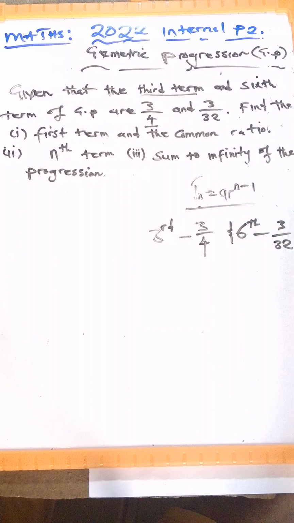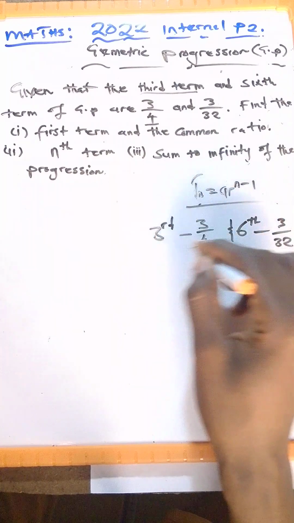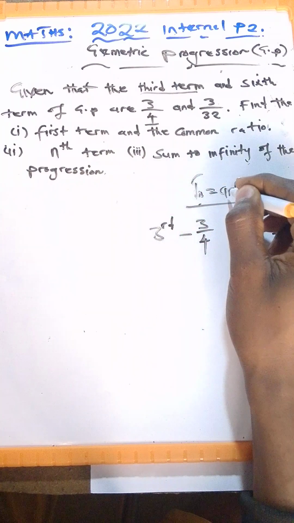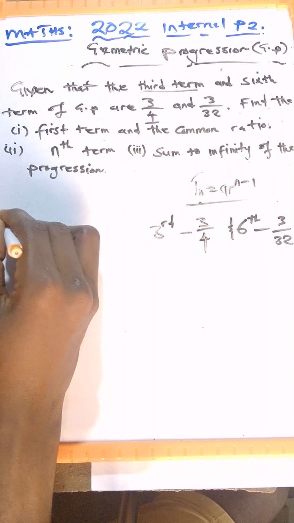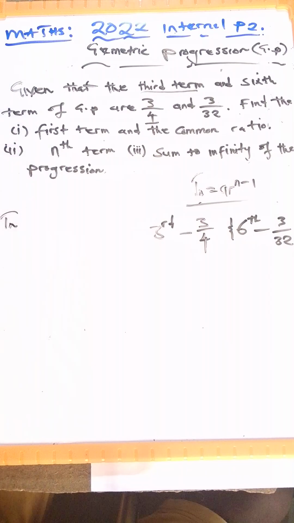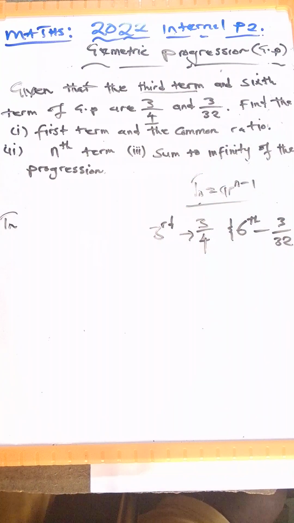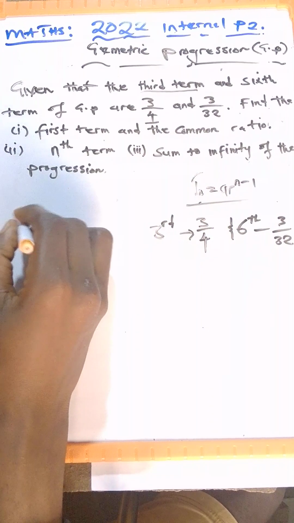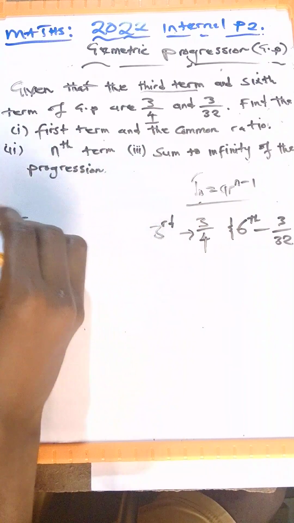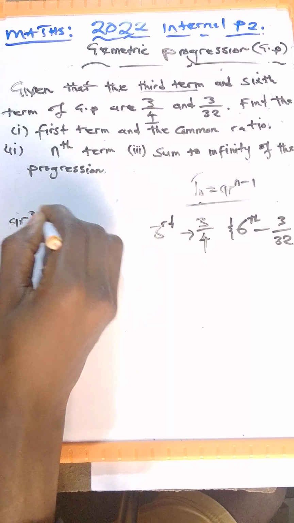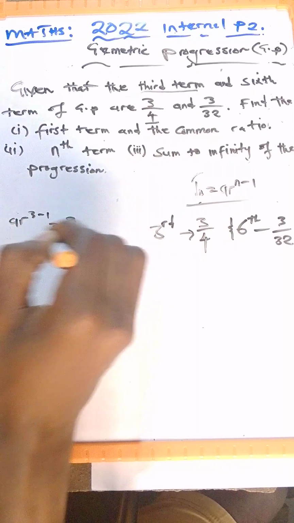So this is how we can simplify the equation. Now let us use these values and plug them in the formula. Tn has been already given, which is this part. So where there is n, we'll put the third term. So we'll put 3 minus 1, which is equivalent to 3 over 4.